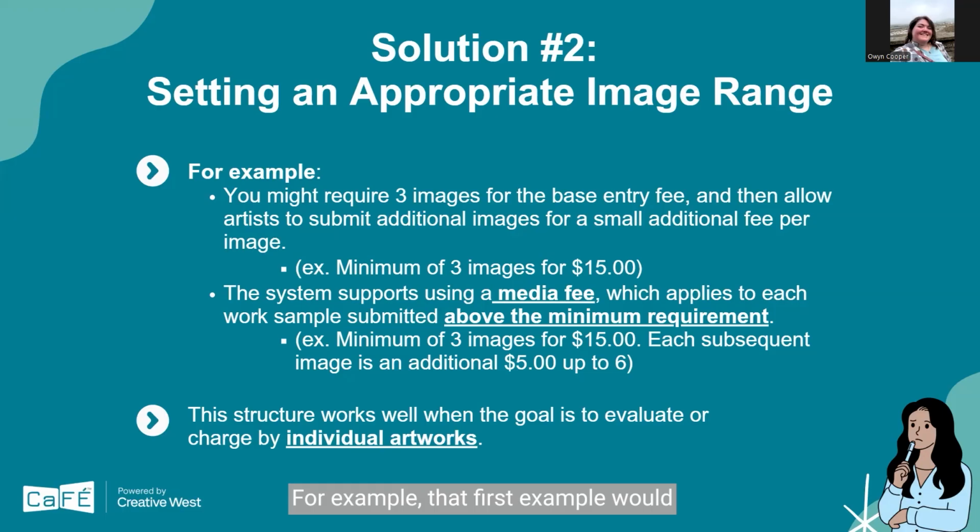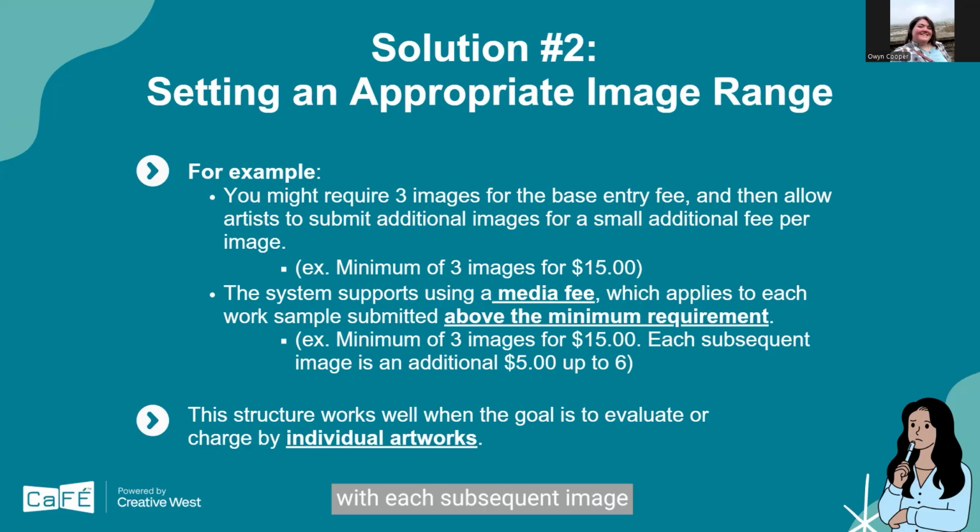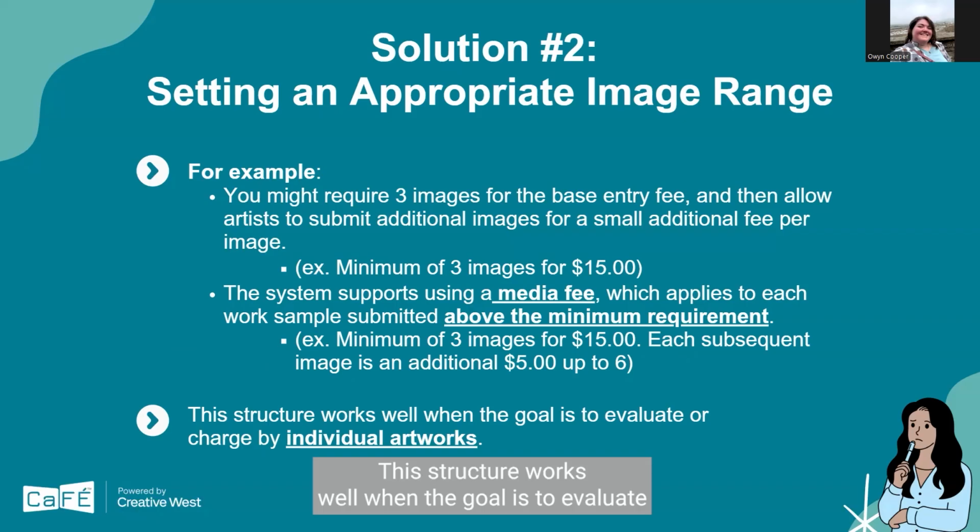For example, that first example would then turn into a minimum of 3 images for $15, with each subsequent image being an additional $5, up to perhaps a maximum of 6 images. This structure works well when the goal is to evaluate or charge by individual artworks, or again, scoring by art.